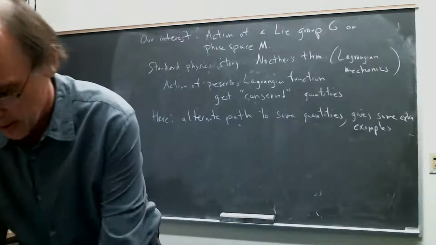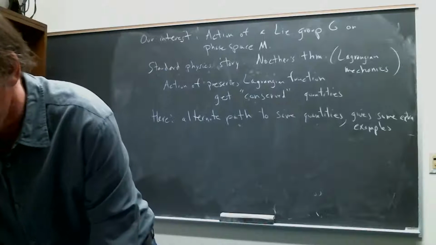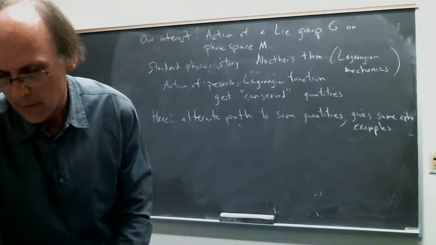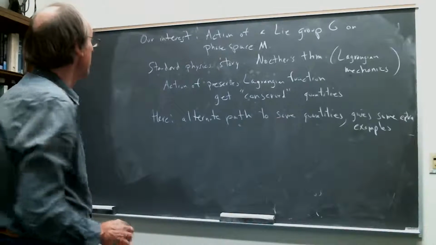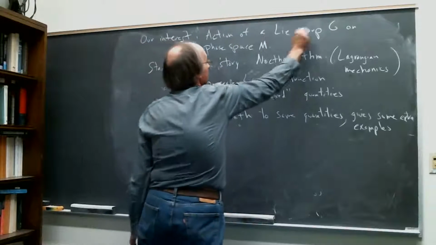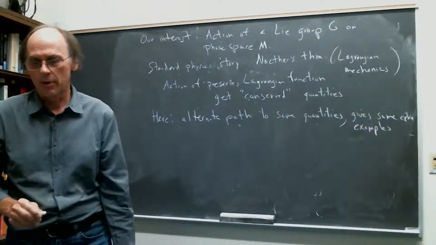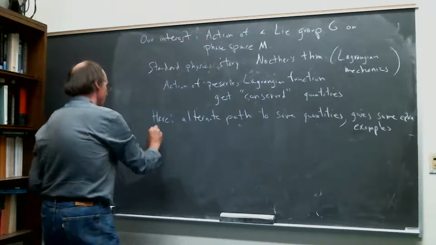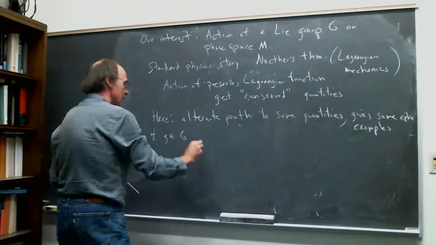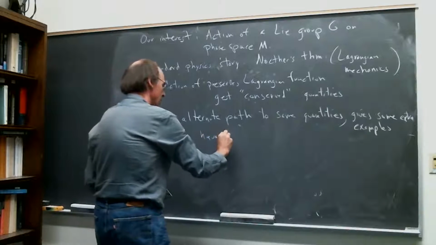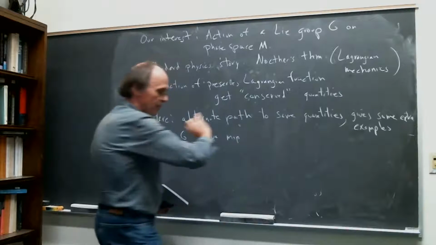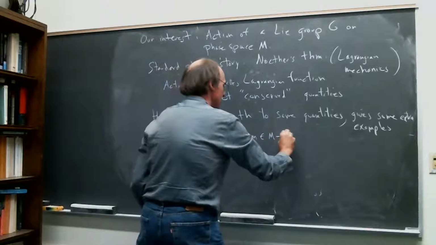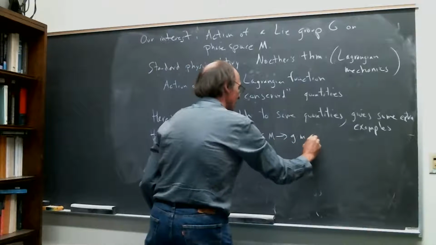Okay, so if a Lie group acts on M, what that means is that for each g in G, you have a map from M to itself that takes an element m of M to g dot m.